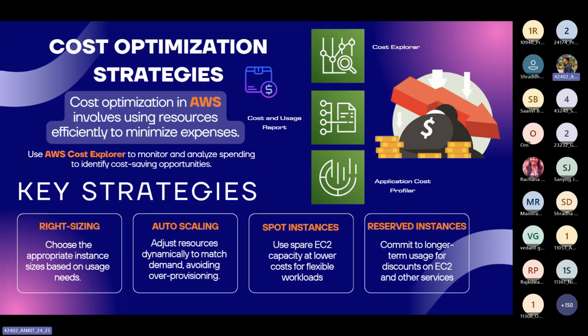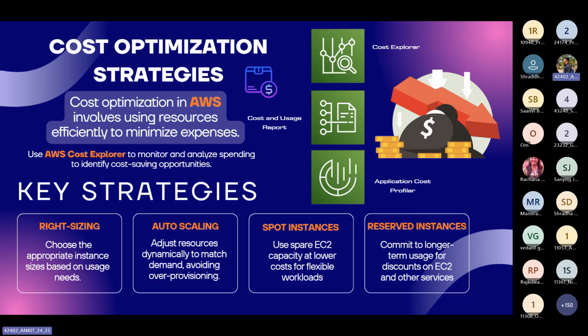To optimize cost, choose the right instance size, and leverage auto scaling to match your actual usage. Definitely, auto scaling we've covered in a previous slide. The number of EC2 instances used was handled automatically based on the traffic. So that's why our cost is always minimal, because we are only paying for what we are using.